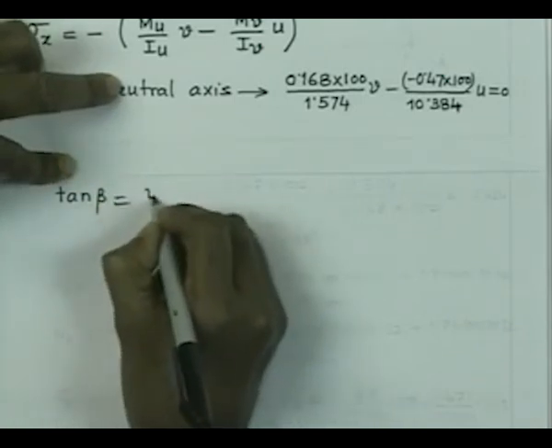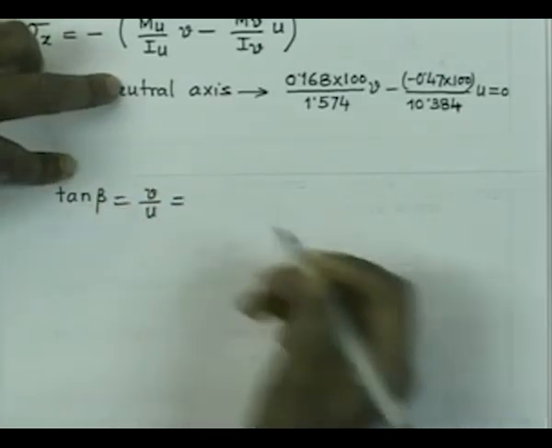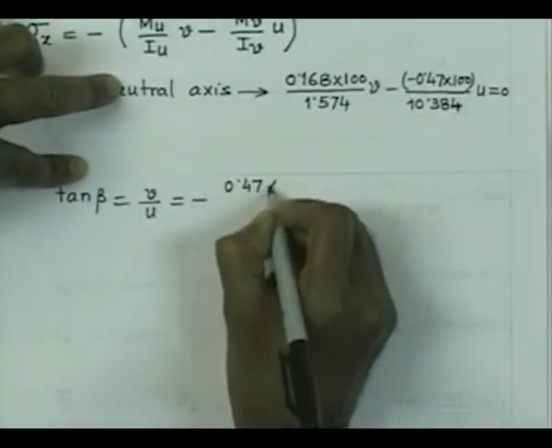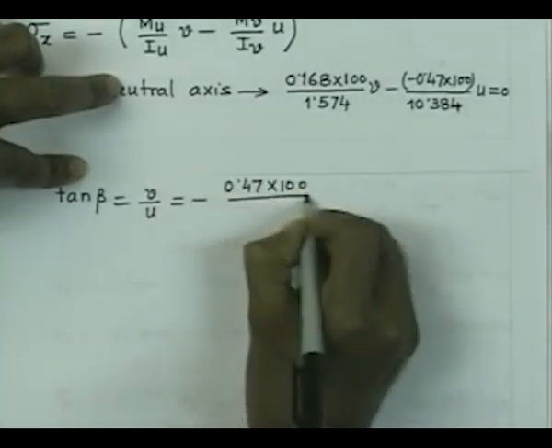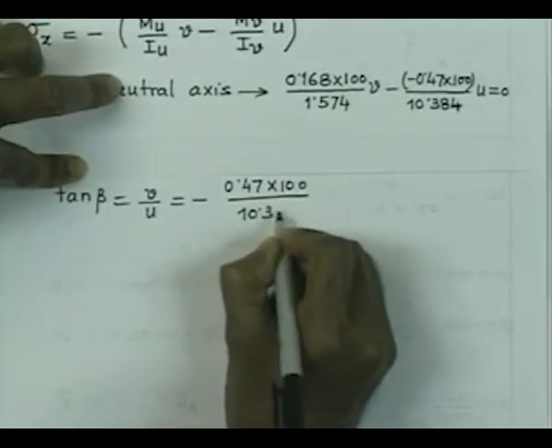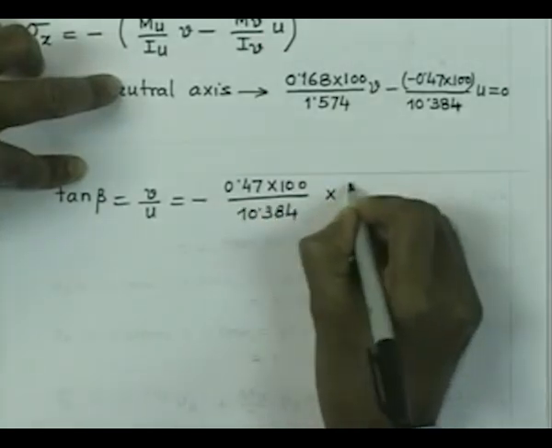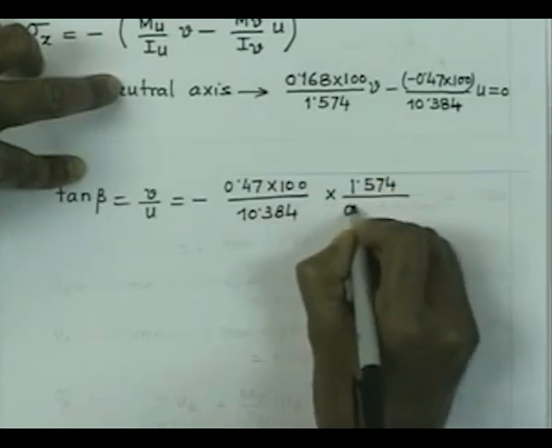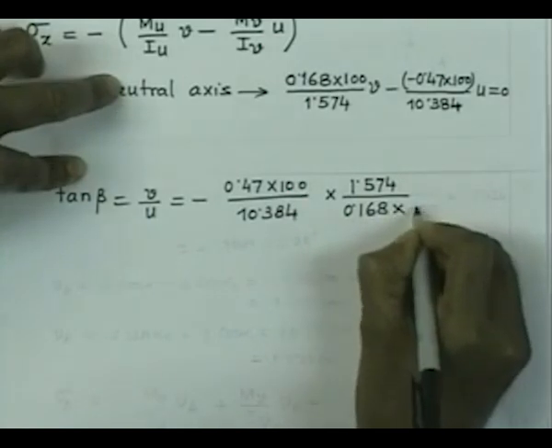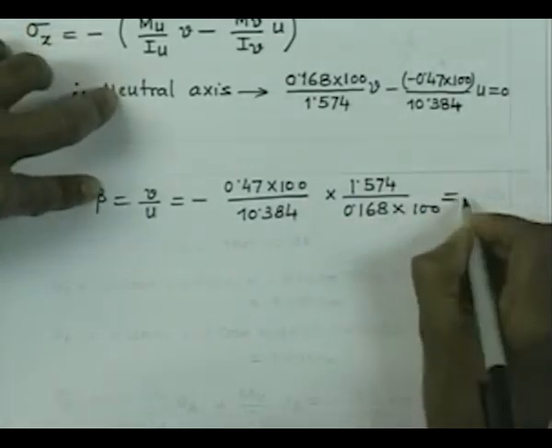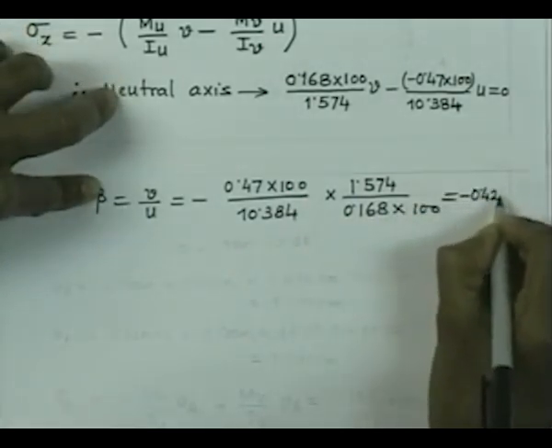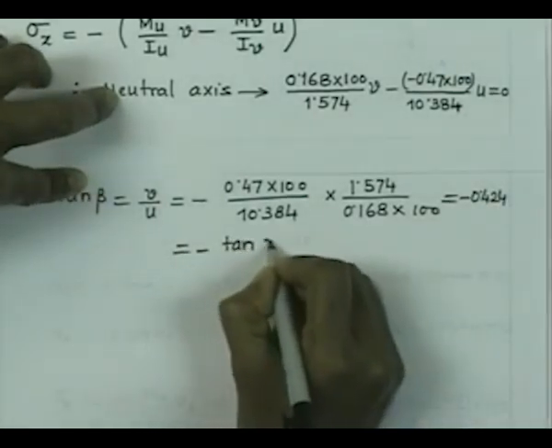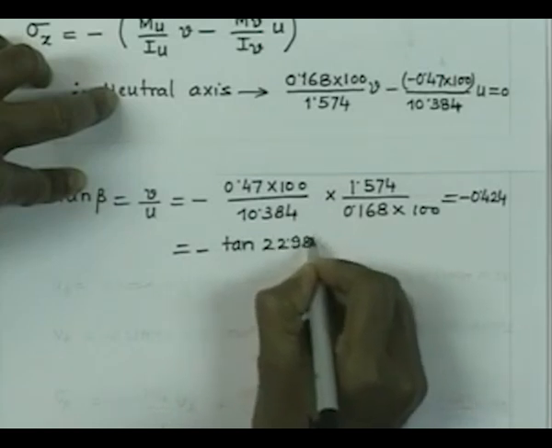So, tan beta is V by u, and this gives us the value 470 multiplied by 100 divided by 10.384 multiplied by 1.574 divided by 0.168 multiplied by 100, and this is nothing but minus 0.424, and this is minus tan 22.98 degree.